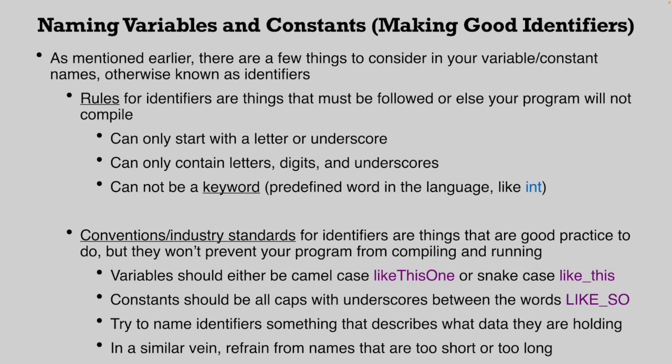I like to do camel case here, but you can also do snake case. Camel case is where the first word is not capitalized, but every other word is afterwards. But snake case has underscores between each word. And then constants should be in all caps with underscores between the words, like so.